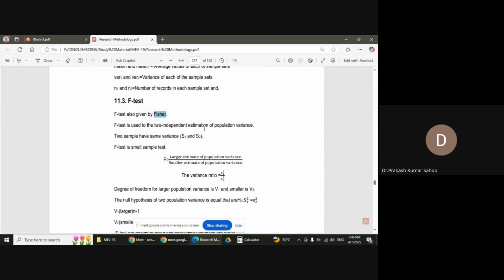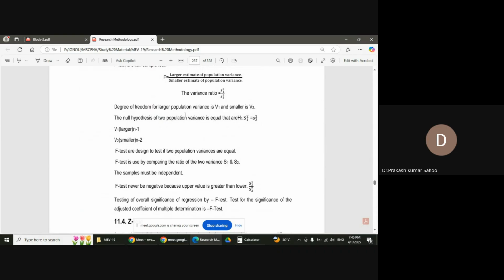So we have to calculate the standard deviation, square it and it becomes variance. So S1 square by S2 square. The degree of freedom for the large population variance is V1 and for the small is V2. The null hypothesis is that the two population variances are equal, that is S1 square equal to S2 square.